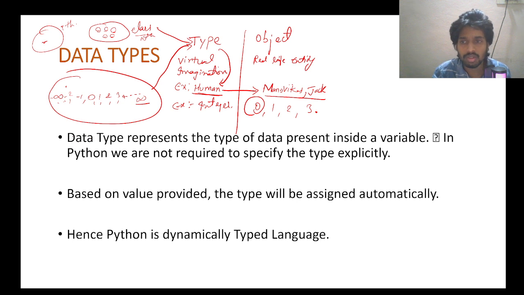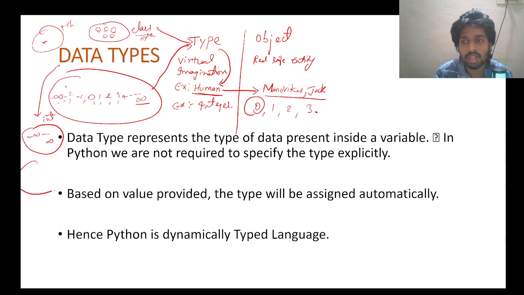The same concept we can apply to data. If we group similar kinds of data, then it's called a data type. If I group integers from minus infinity to plus infinity, then it is the integer data type.